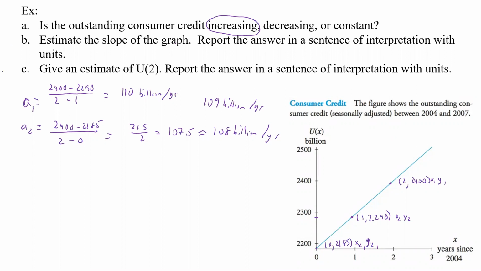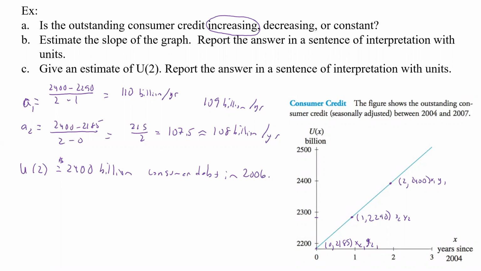Now it says give an estimate of u(2). Well, we kind of used u(2) as one of our points, because we said u(2) was equal to 2400. So that's equal to 2400, and that's dollars, and that's billions. And that's the consumer debt in, well, we started at 2004, 2005, 2006, so it's in 2006.